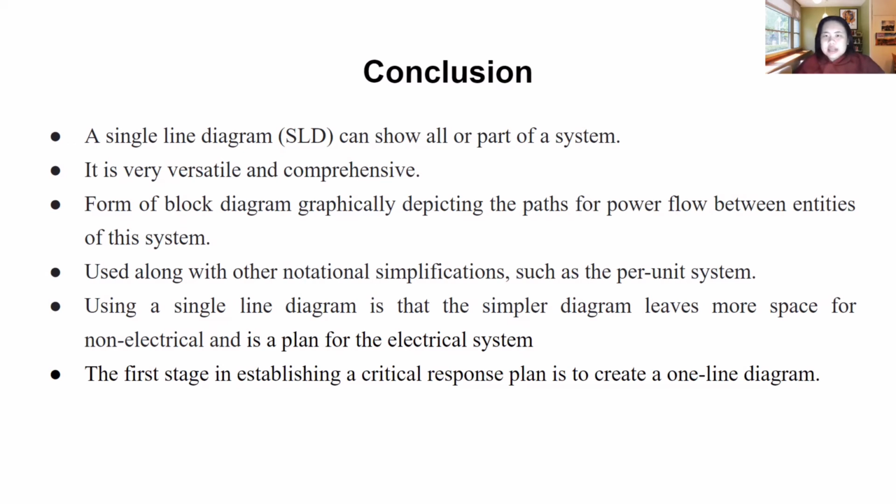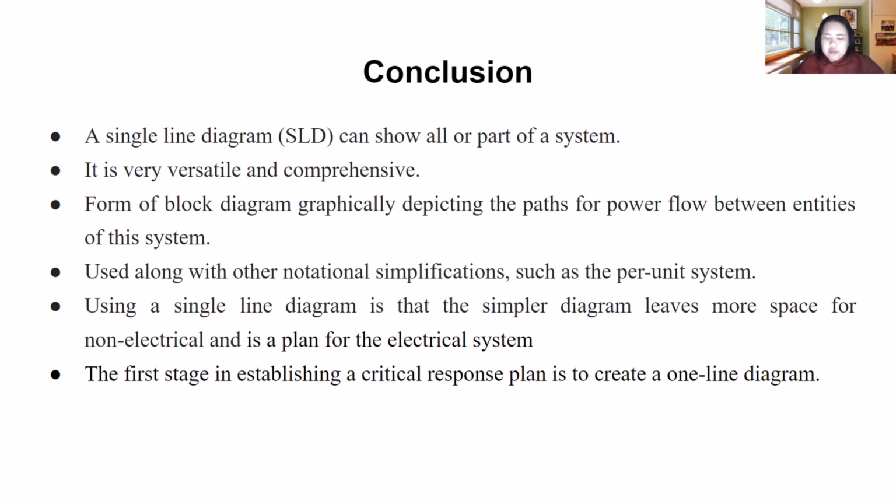Besides, it is a form of block diagram graphically depicting the path of power flow between entities of the system. On the other hand, a single line diagram is usually used along with other notation simplifications such as a per unit system.